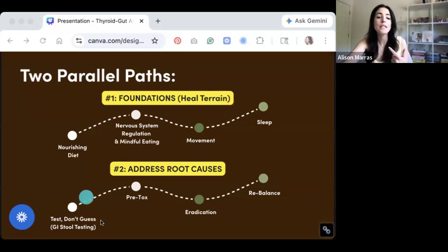So we test, we don't guess, from the beginning. Then, this is a thing we see so often unaddressed and missed in gut healing protocols: a pre-tox. Well-meaning functional doctors and practitioners don't always build this phase in. They don't build in titration, where we go little by little by little to make sure you're not reacting to the supplements.